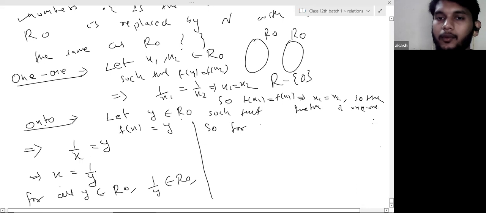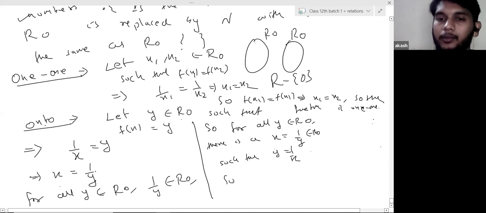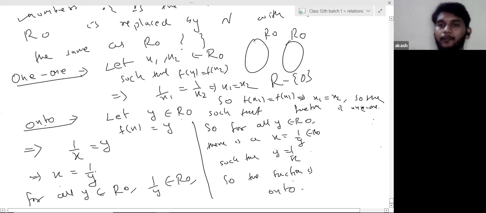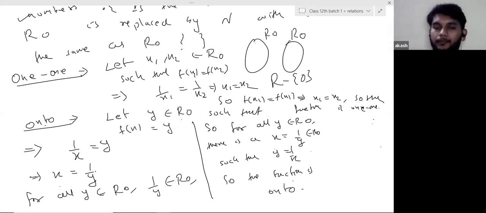So for all y belongs to R0, there is an x equal to 1 upon y belongs to R0 such that y is equal to 1 upon x. So the function is onto. All right. All of the y is related to at least one x. So the function is onto.